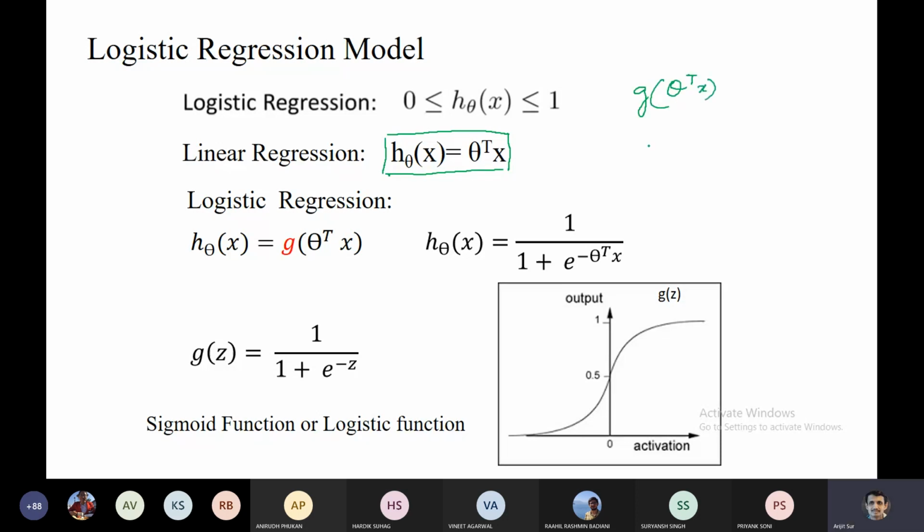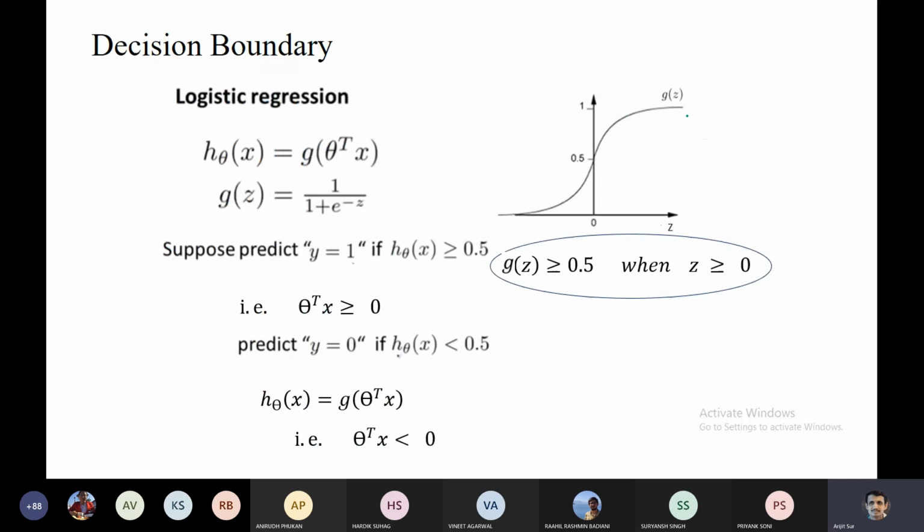What is this g? g of z is defined as 1 divided by 1 plus e to the power minus z, and we say this is the logistic or sigmoidal function. So this is basically the definition of logistic regression. I think you should remember it.